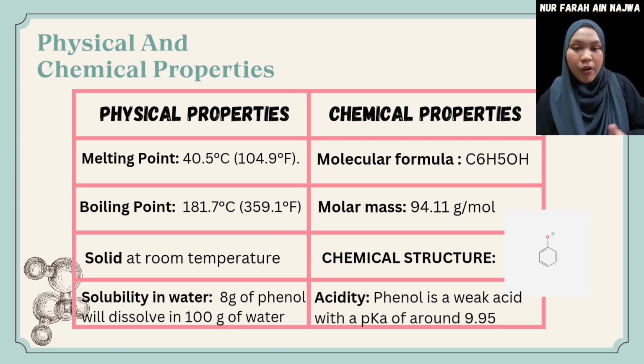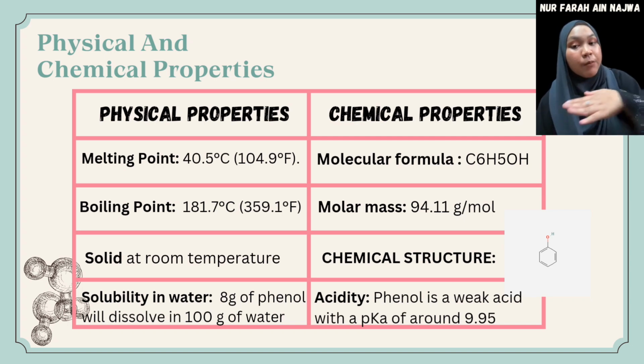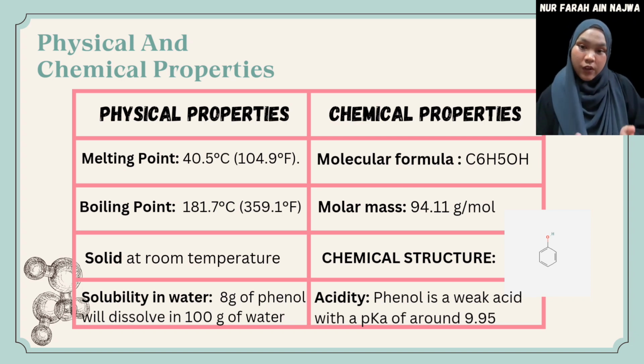About 8 grams of phenol will dissolve in 100 grams of water. If you try to dissolve more than this, you will get 2 layers of liquid. The top layer is a solution of phenol in water, and the bottom is a solution of water in phenol.